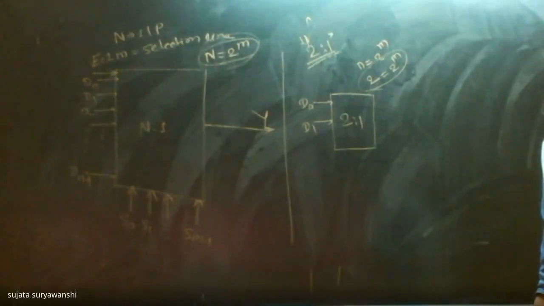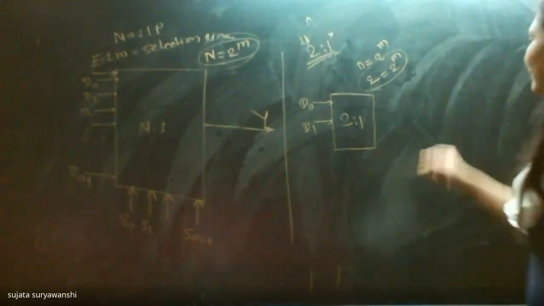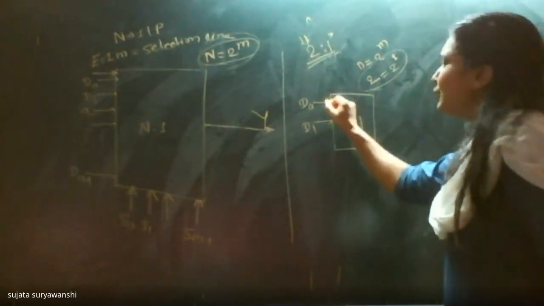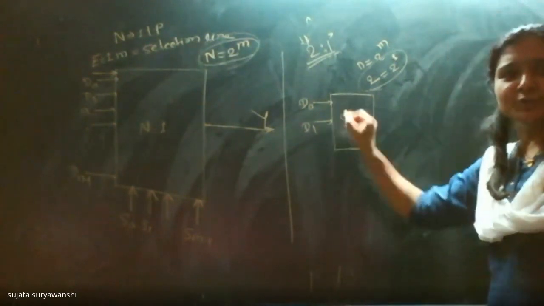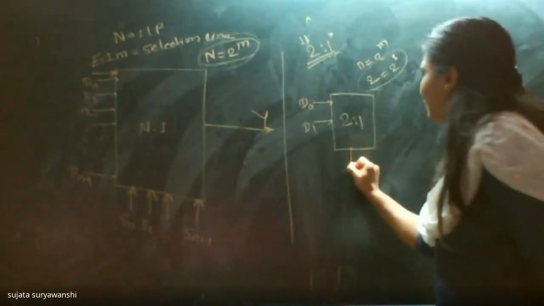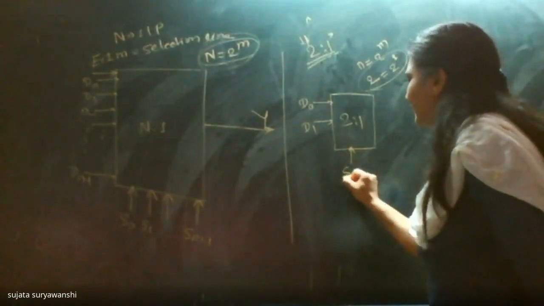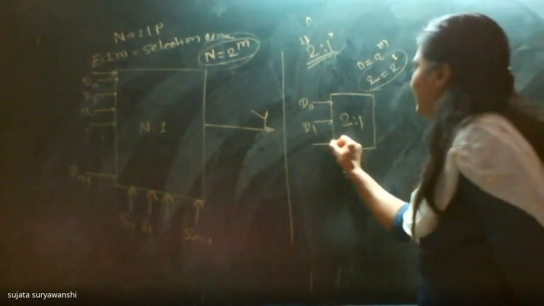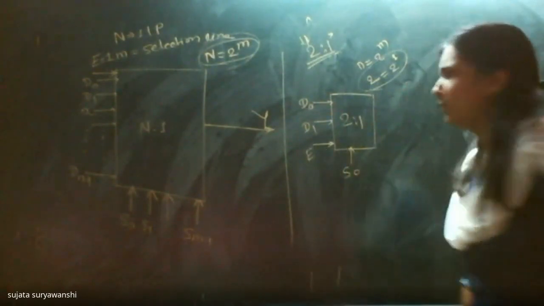Yes. Value of m is equal to 1. Means if 2 input lines are there, then only one selection line will be there, that is S0. And one another input line which is enable.